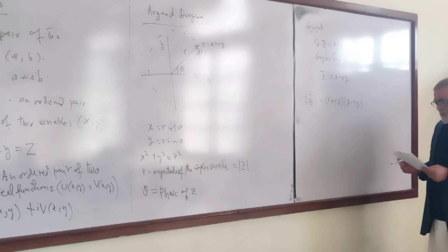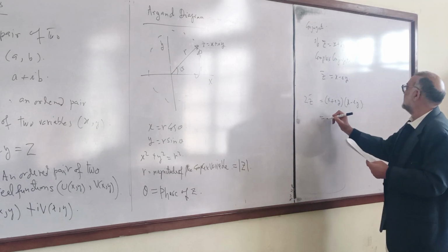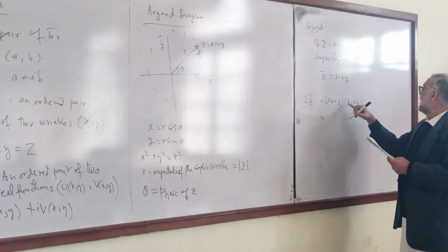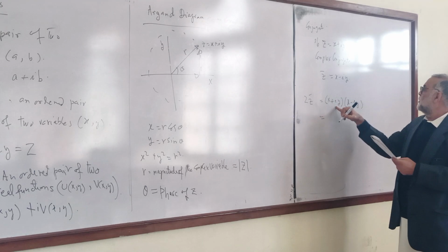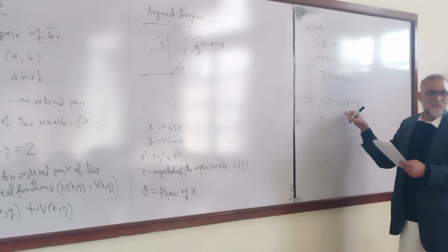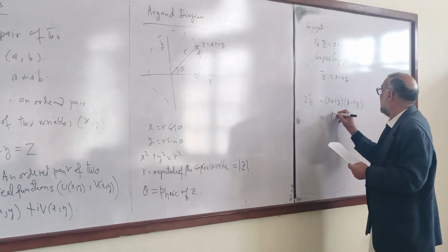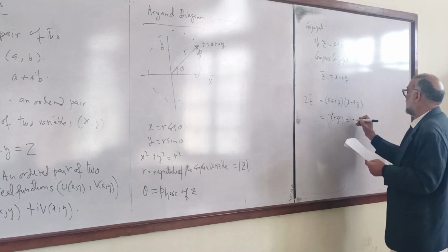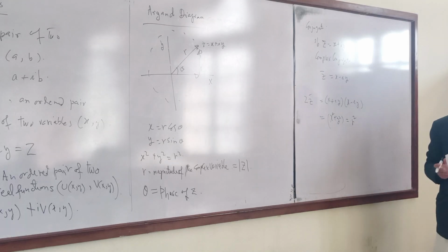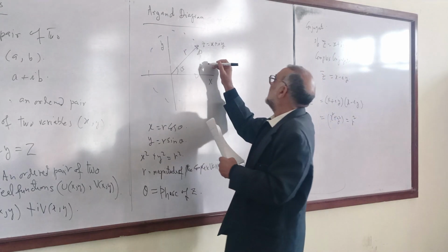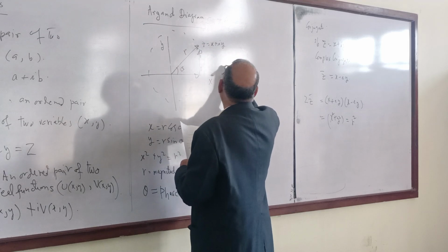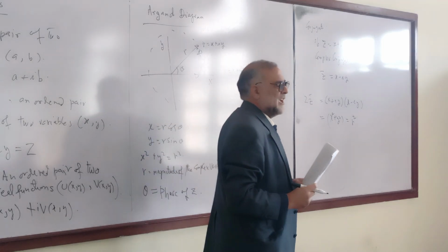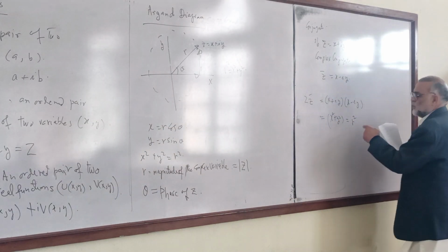We have x square, minus ixy, plus ixy, and then plus y square. So x square plus y square is equal to r square.